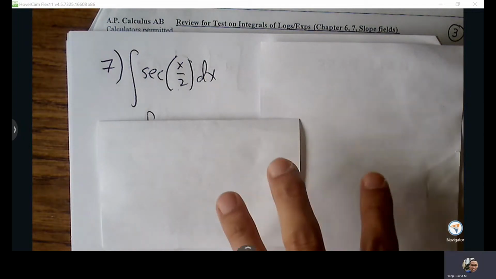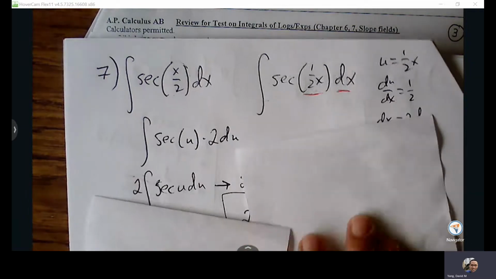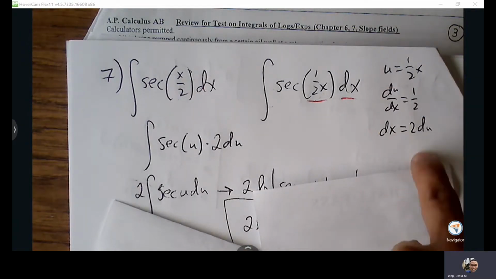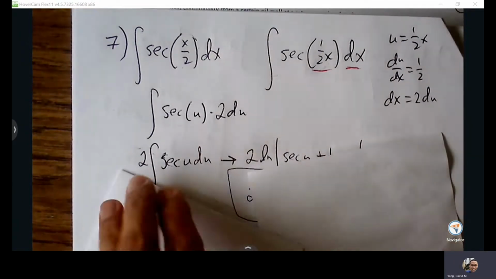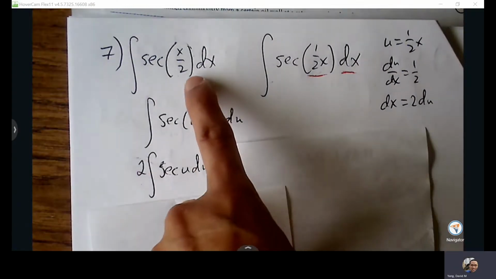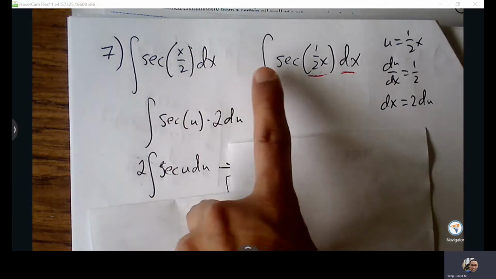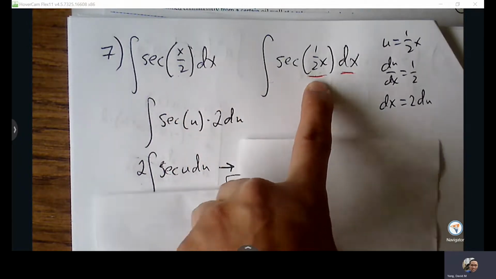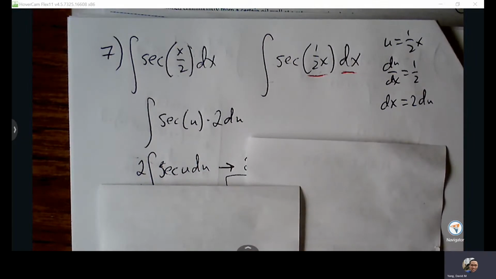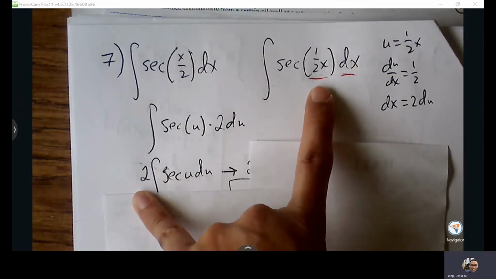If you don't like to think about that shortcut rule, that's fine. You can go through the full u substitution and just convince yourself that that 1/2 x will eventually turn into a 2 that becomes a part of the outside. But I think that's a shortcut some of you may want to consider. If it's an easy linear function, you just take the derivative, flip it, and jump to the next step. I don't have to go through a full u substitution if you're comfortable making that read.